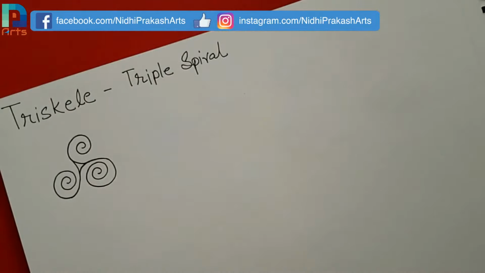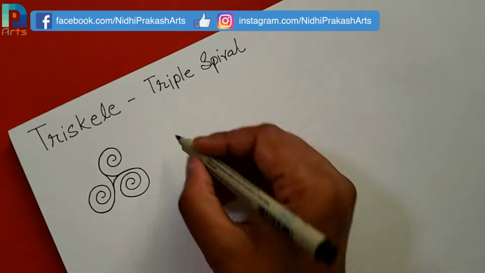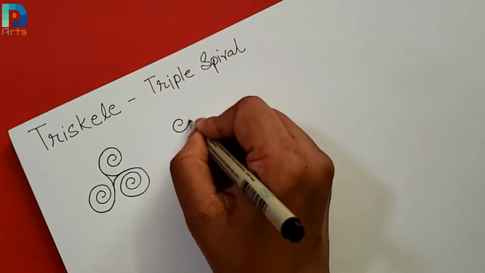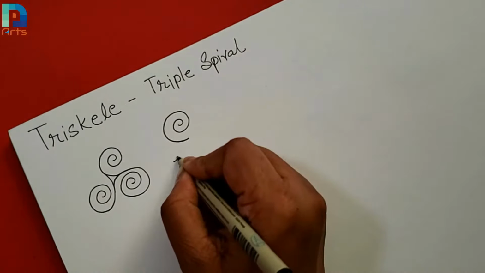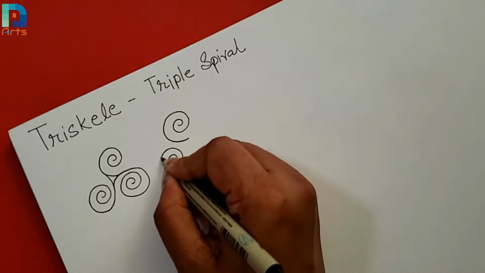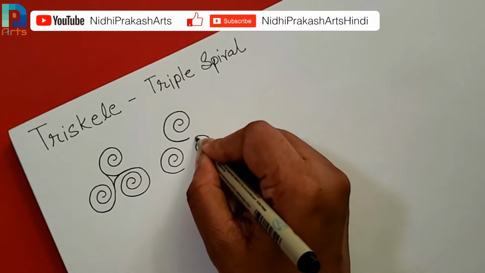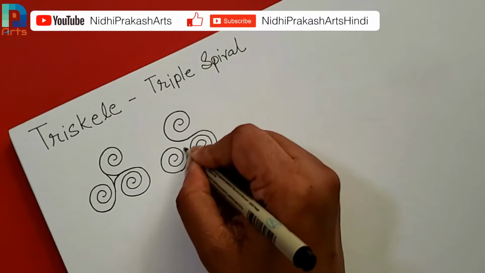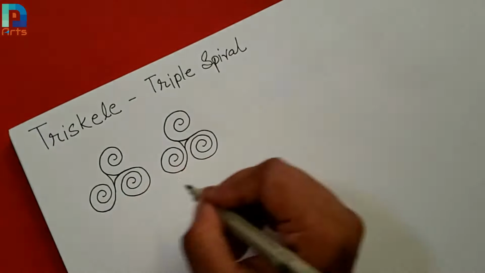But that's how you draw the Triskele. This is the single spiral going in the one direction. I'm drawing it one more time. 1, 2, and this one, actually I'm going to join it here, and this here. So this is the single spiral.